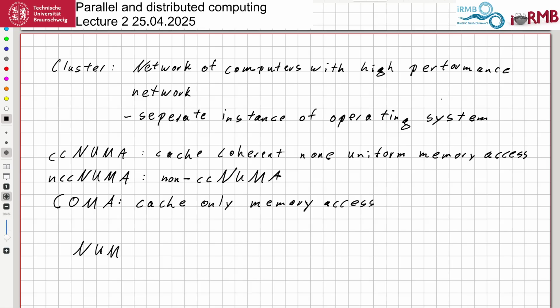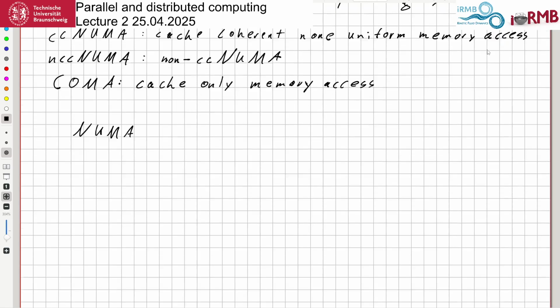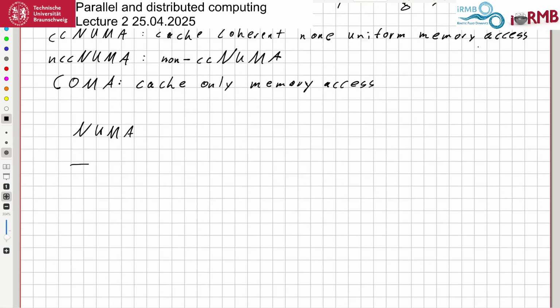So kind of a little bit of difference. A NUMA machine would look like this. We have here our cache. The cache is connected to our processor. And then we have a memory. The memory always has some directory, so that the cache actually knows where things are in the memory.